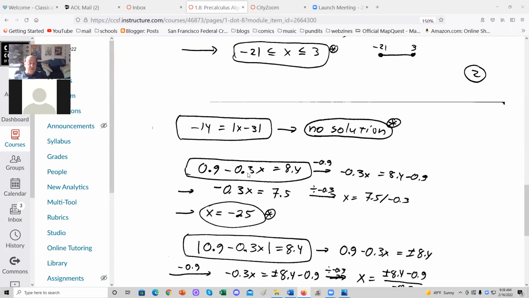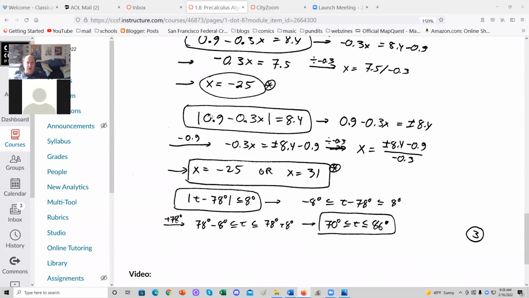Now, however, let's write it with an absolute value sign. Absolute value of 0.9 minus 0.3x equals 8.4. Like this, but with absolute value signs. Well, if an absolute value equals 8.4, then this thing must be plus or minus 8.4. Now we go through the same procedures as before, only we have to keep this plus or minus running around.